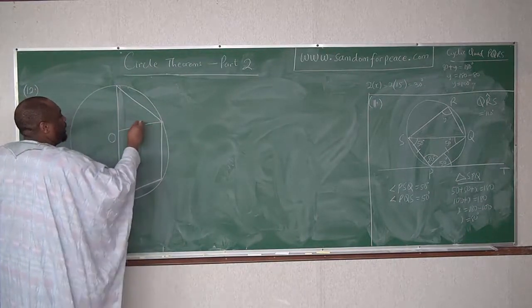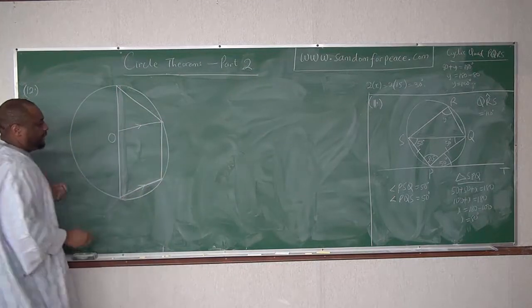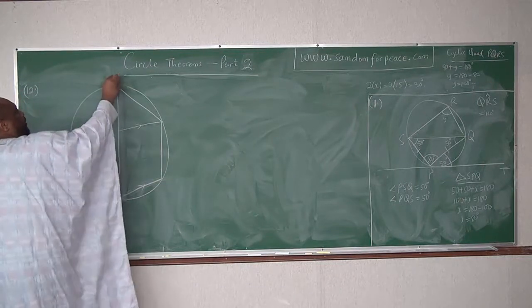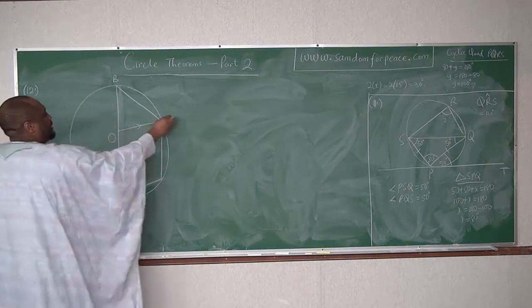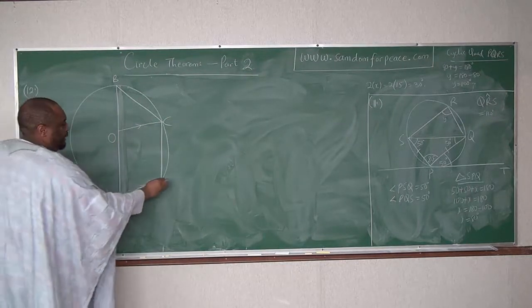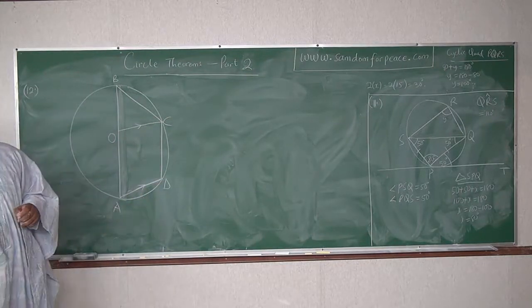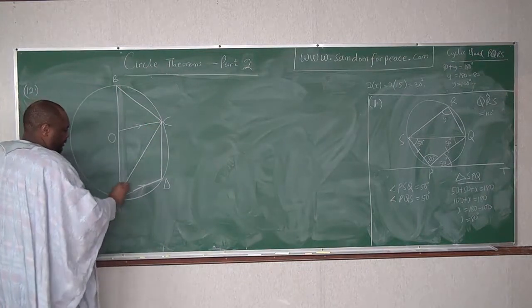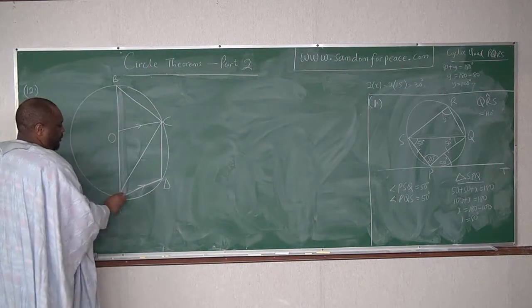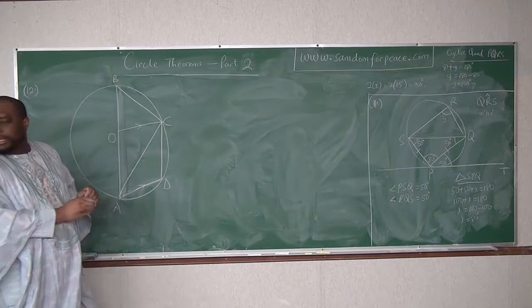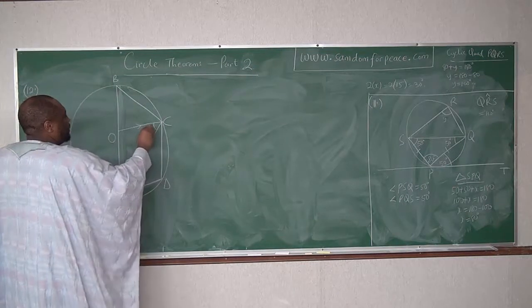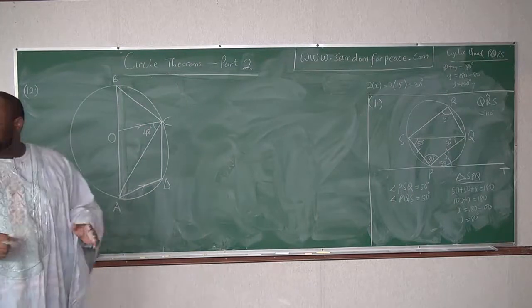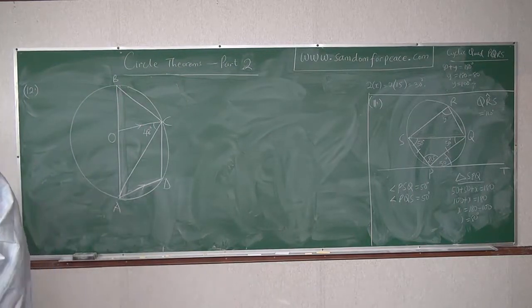This is parallel to this. A, B, C, D. And then this here, we have a transversal, and this is 48 degrees. It says this in the diagram.